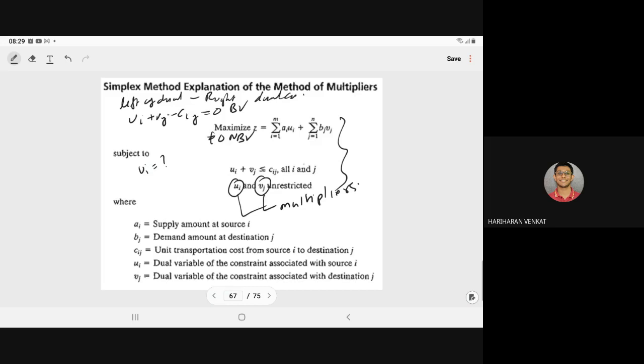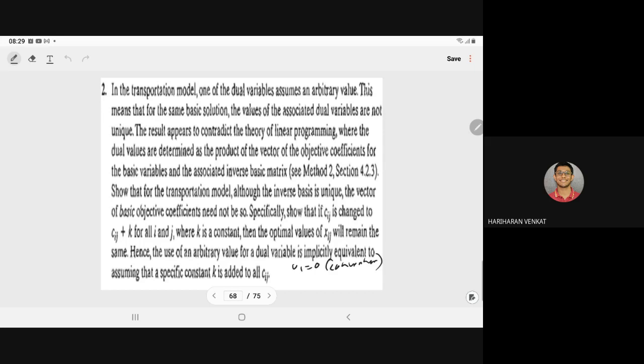So they are not unique. If they are not unique, and you know that the dual solution can give the optimal value of the primal problem also, it means that is also not unique. But you know that for the transportation problem we always have a unique solution, right? So here we have a contradiction: the values of the associated dual variables are not unique.